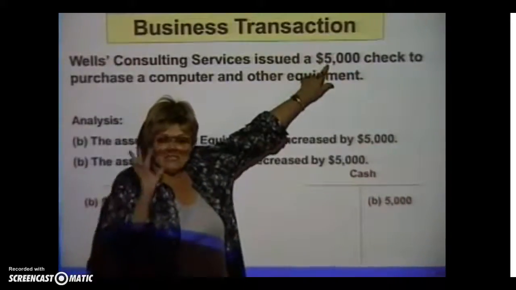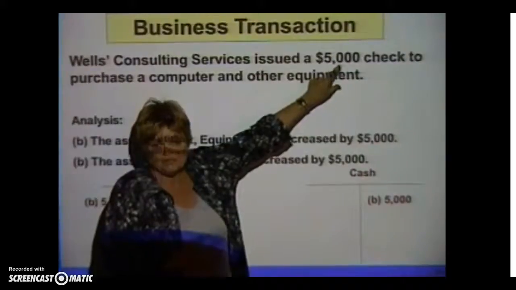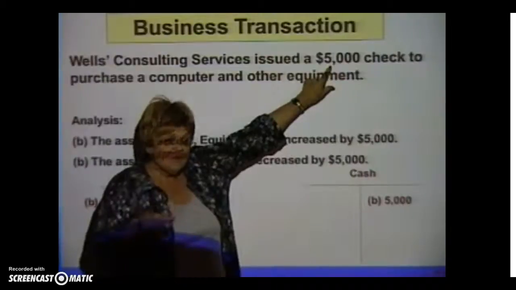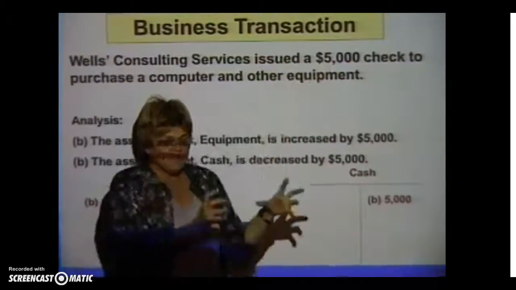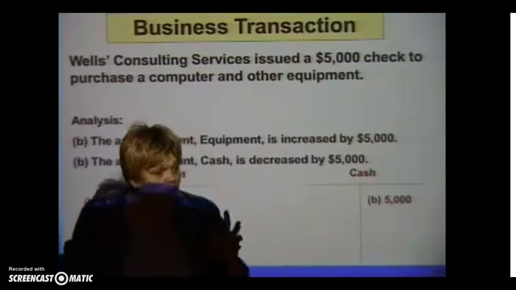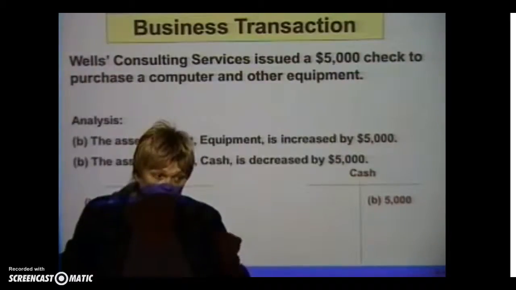It's real easy. Usually, I would always look first to analyze what happened to cash, if it's involved. That's the easiest one to determine, did it go up or did it go down? So once you get it determined, then you know the other part of the transaction's got to be an equal amount on the other side, right?